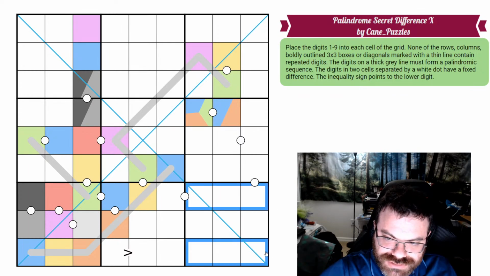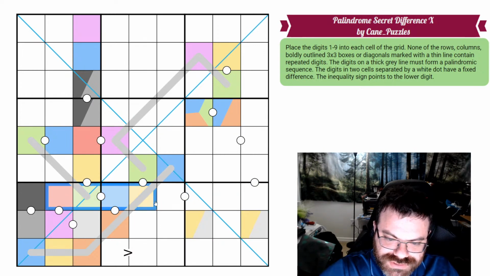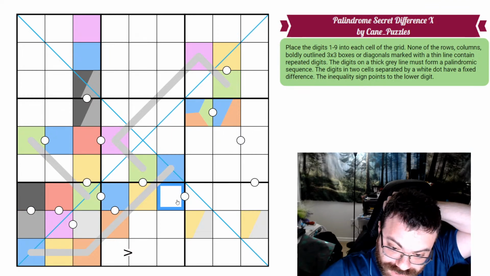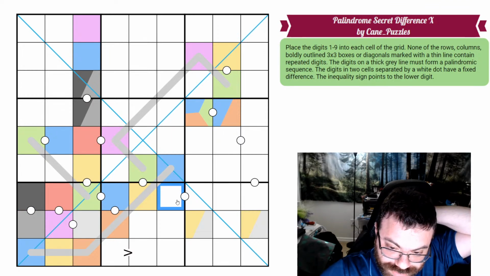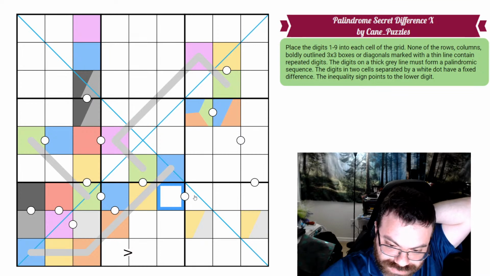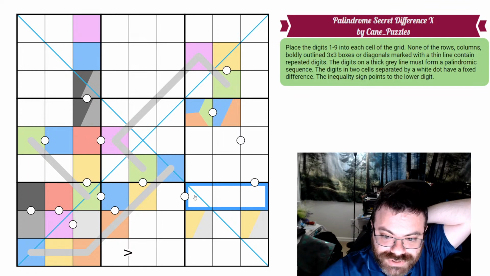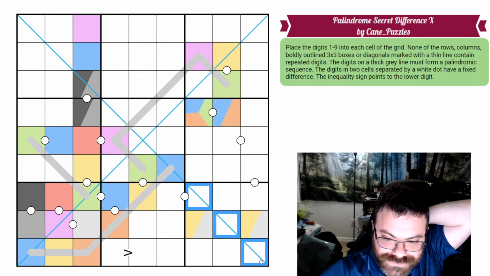Yellow's limited in box 9. Sure. So I wonder if I can do something similar here. Where does purple go? Purple would attach to red or light gray. So it could do that, but this would have to be the light gray and this the purple. So purple is... Actually, purple has to be on the diagonal, doesn't it?